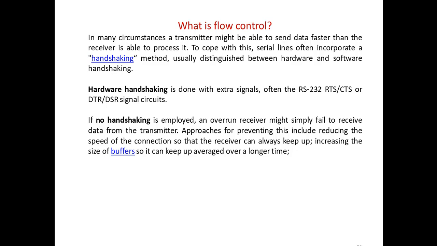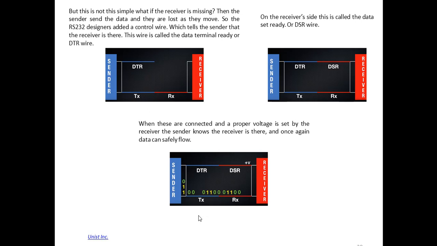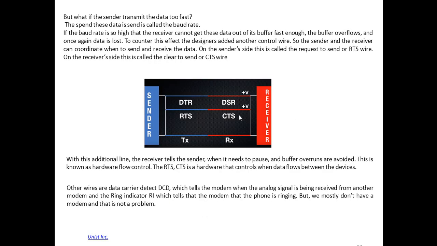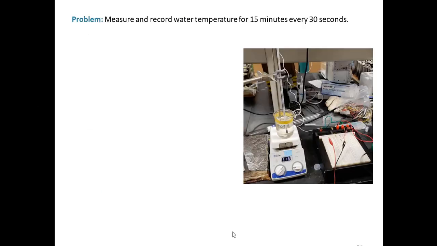The hardware handshaking is done with some extra wires that I taught you, the RTS, CTS, or the DTR, DSR signal circuits. If you remember, they were here. Remember, I was talking to you about this. These are basically a way to control the flow movement.